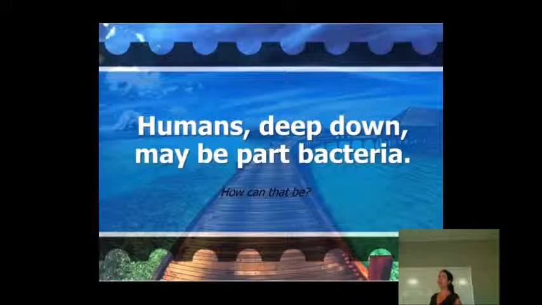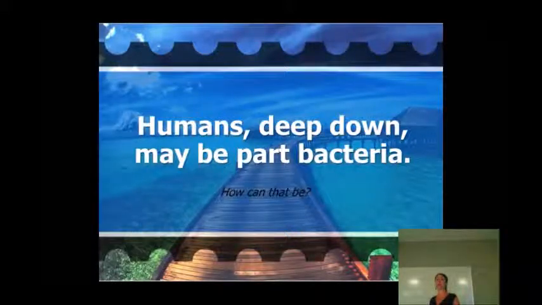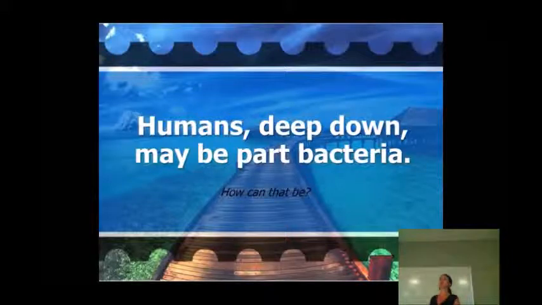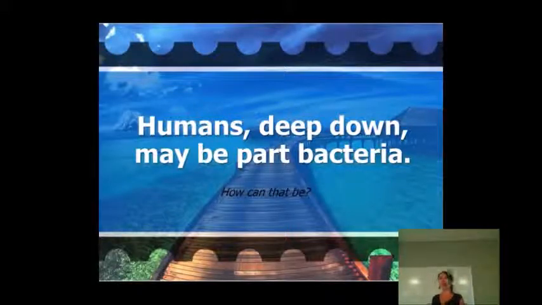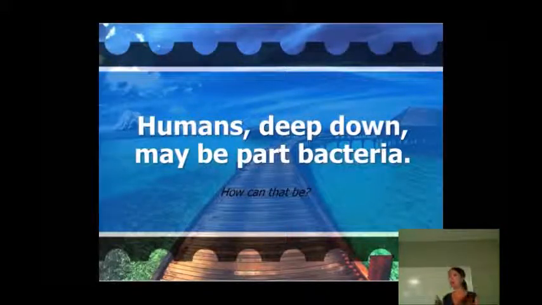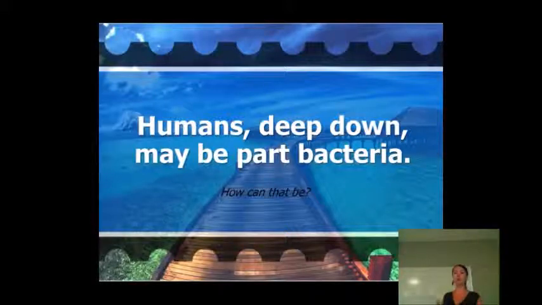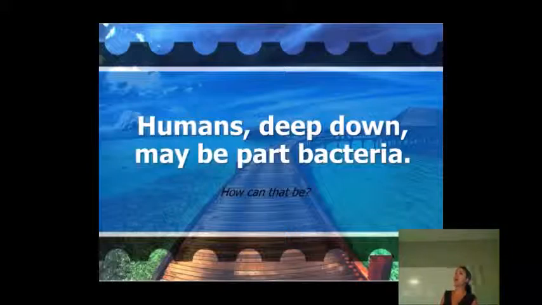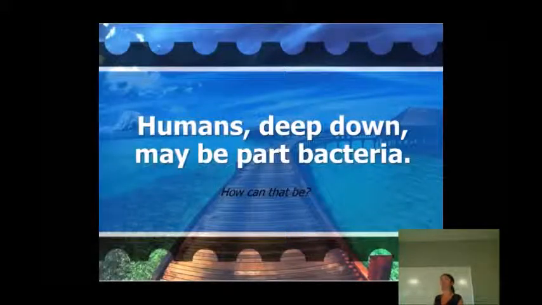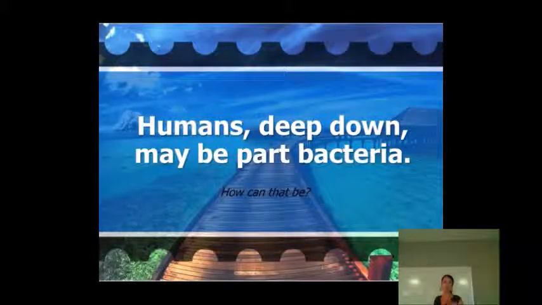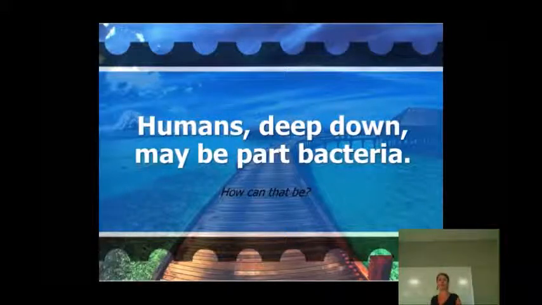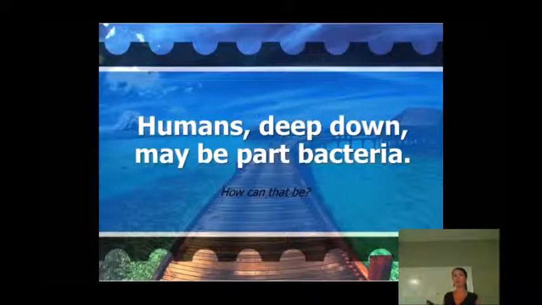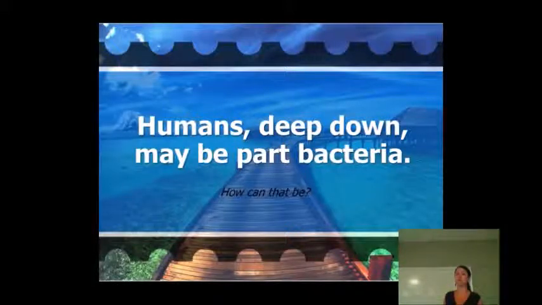So that is why it is hypothesized that at some point humans deep down may actually be part bacteria, because bacteria had those energy-making organelles. They had the components of them first, and then humans, if you think back, we're talking millions and millions of years ago, that those bacteria may have become the origins of our first cells.